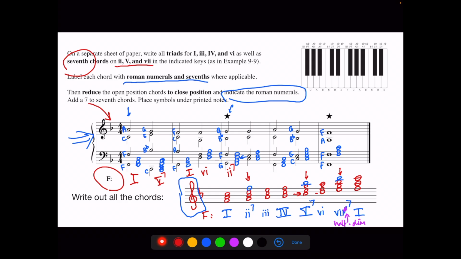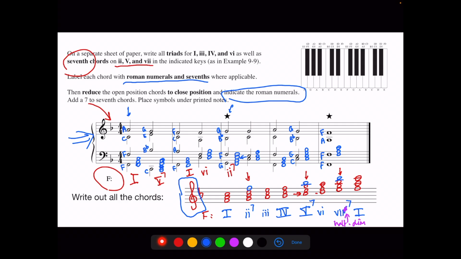And then the next one is C, E, and G. So that is here, C, E, and G. This is actually quite important. You see that 2, 5, and 7 chords here are labeled as 7th chords, right?